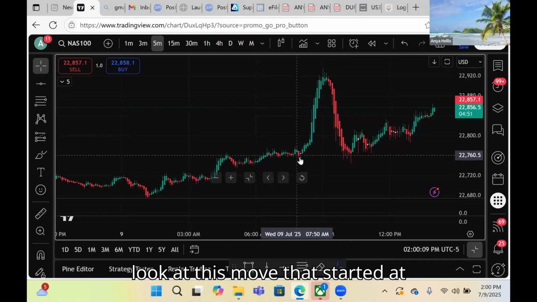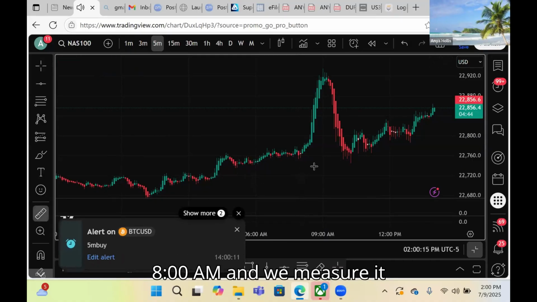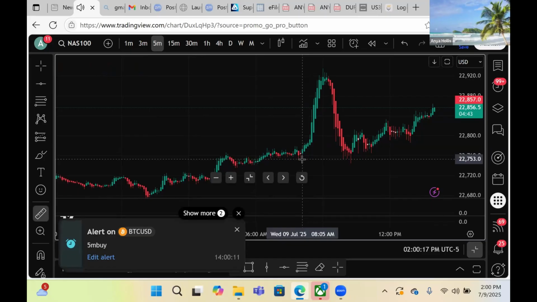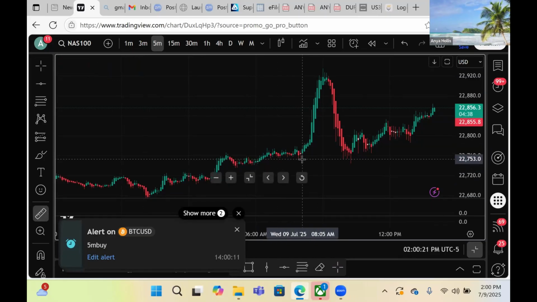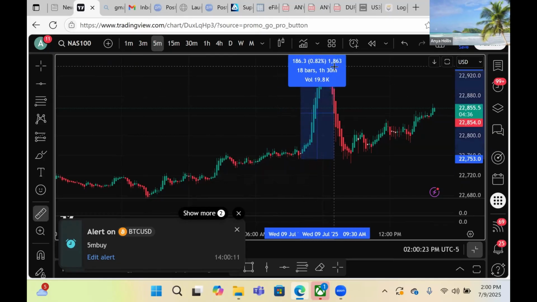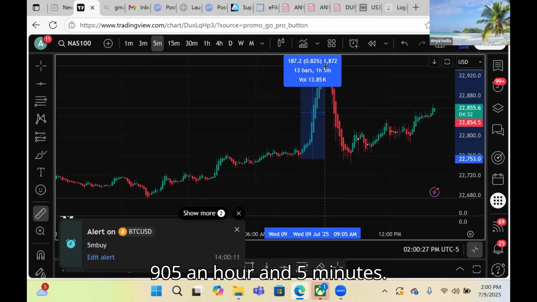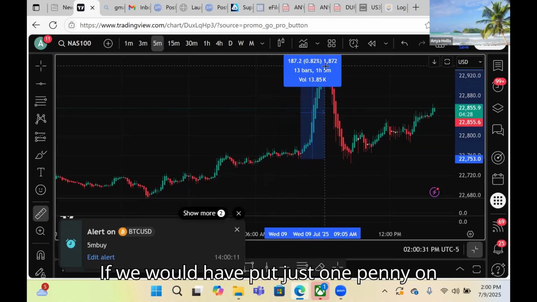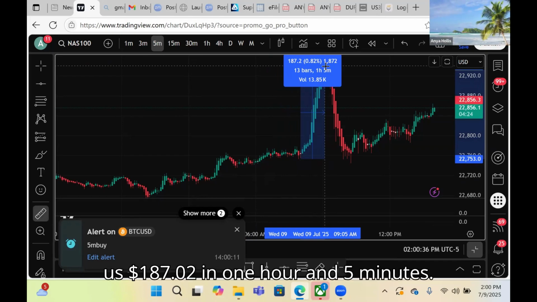So if we look at this move that started at 8 a.m. and we measure it from 8 a.m. until 9:05, 1 hour and 5 minutes, if we would have put just 1 penny on this trade, it would have made us $187.02 in 1 hour and 5 minutes.